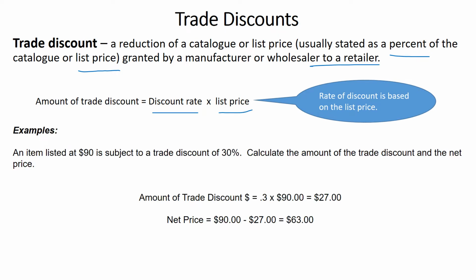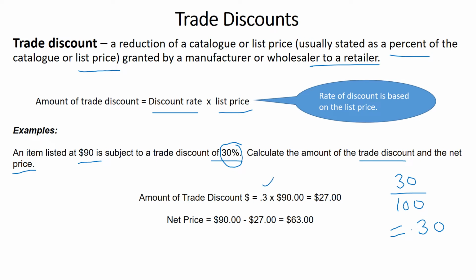For example, let's say we have an item whose list price is $90 and it is subject to a trade discount of 30%. We need to calculate the amount of trade discount and the net price. Because we are getting 30% discount, 30 upon 100 is easy to convert into decimals, 0.30.